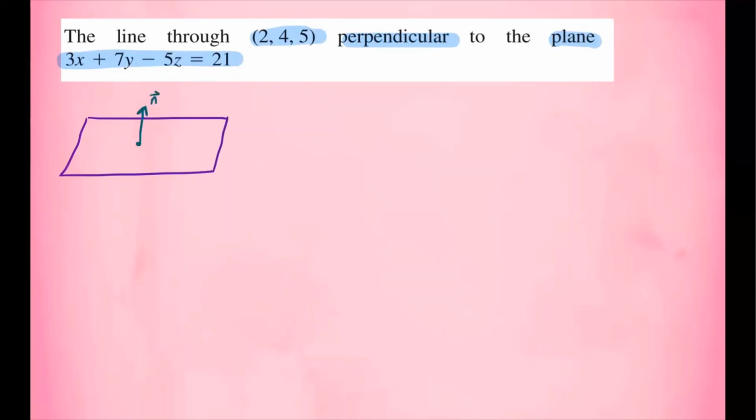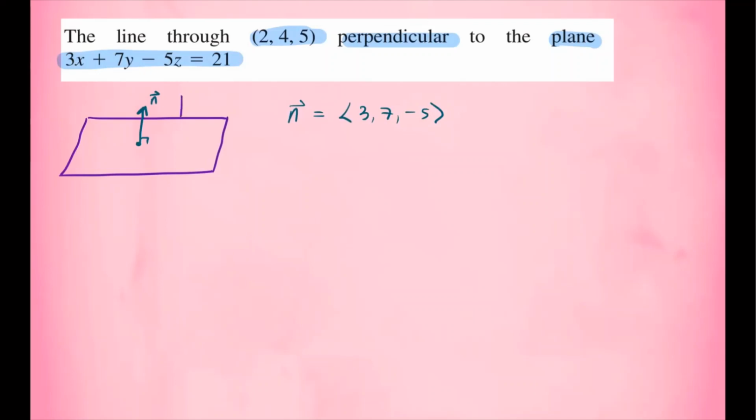So the normal vector of this plane is these coefficients that we have, 3, 7, -5. So for the line, this will play as a direction vector.